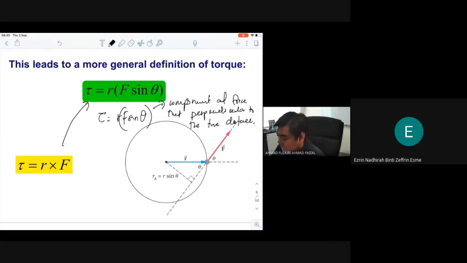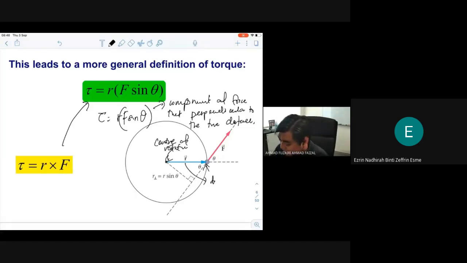Let's see if you do have a circle or a motion of these things against the center of rotation. This is the center. We should always locate where the center of rotation is, or else we cannot find where R is, because the length between the center of rotation and the force is called the lever arm.